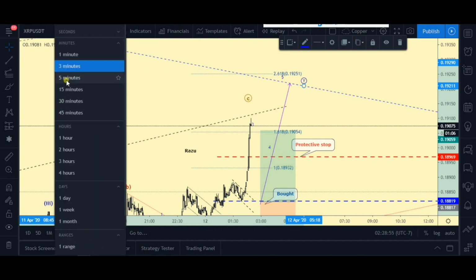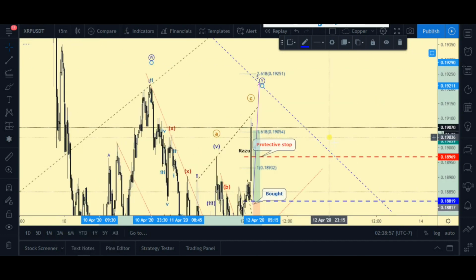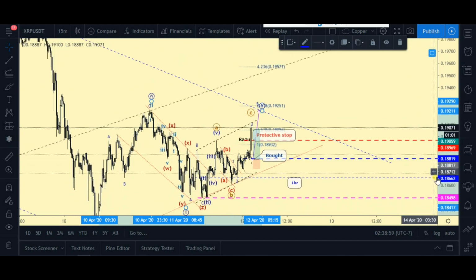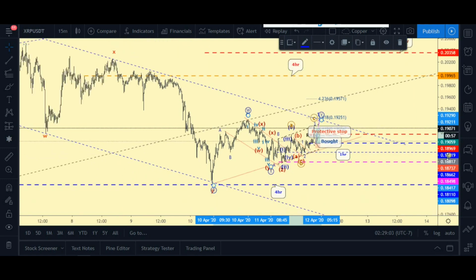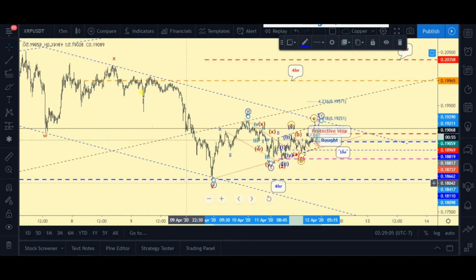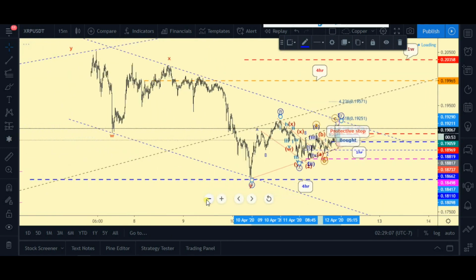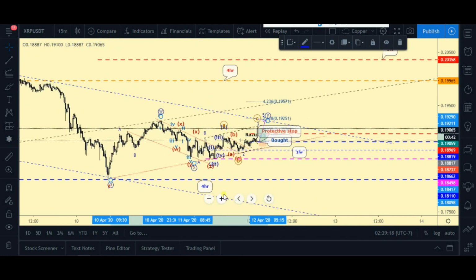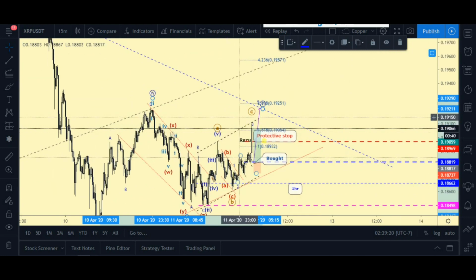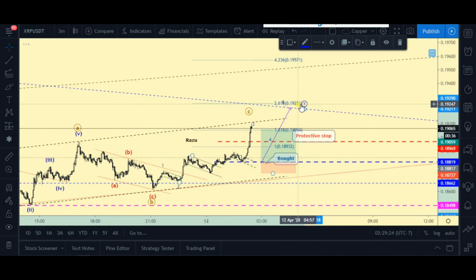So if I look into the 15 minutes chart, what I can see here is this larger trend line. So this is the channeling which I've been looking into, the channel line. This is the corrective pattern moving inside a channel, and within that I have been trading inside this channel for right now in 3 minutes time frame.